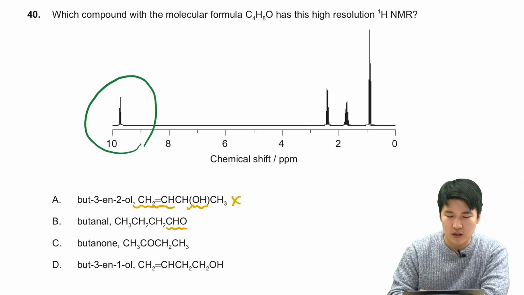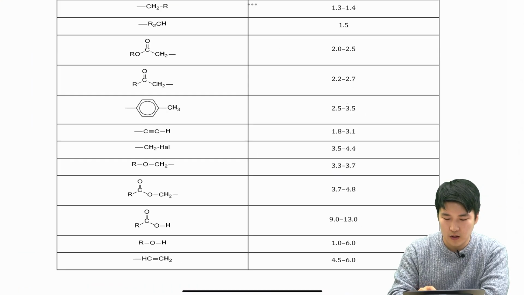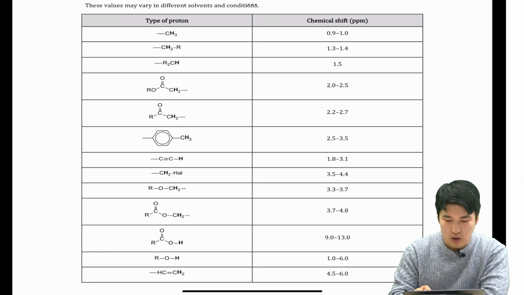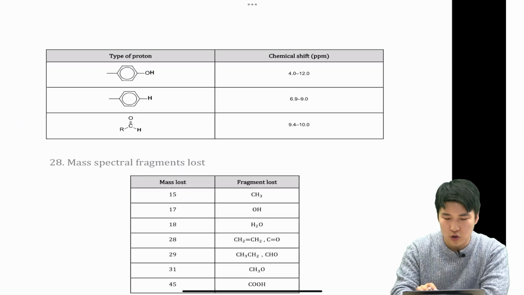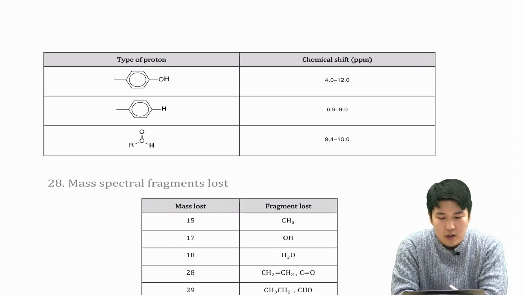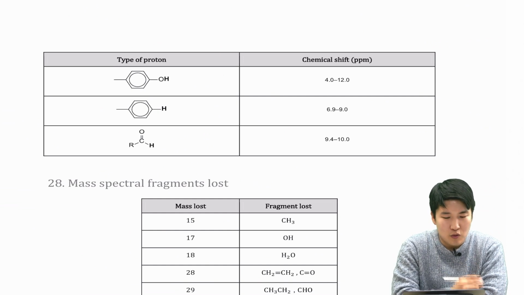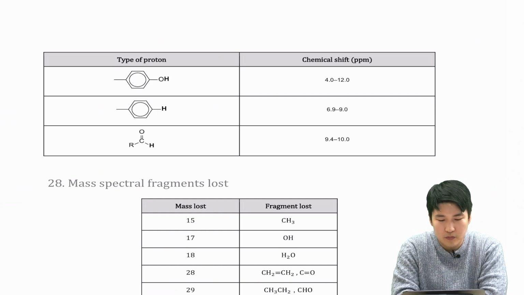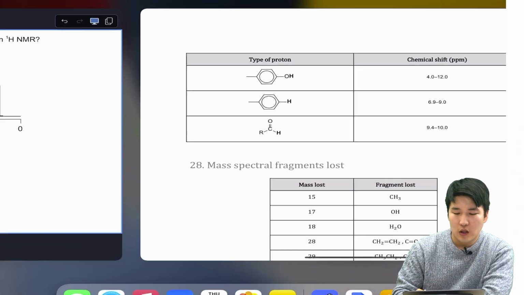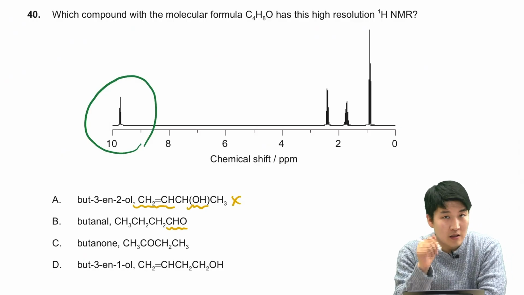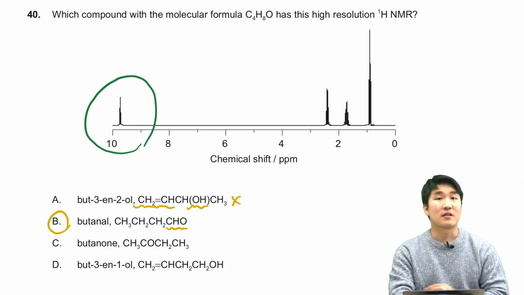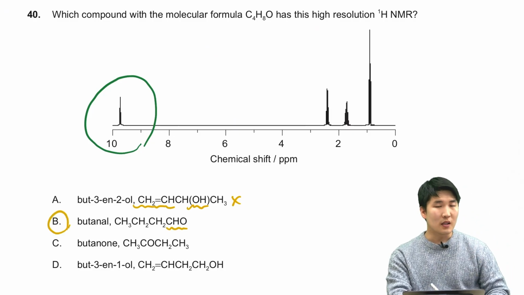So let us see if we can find the aldehyde group, which is not going to be on the first page, but on the second page. Yes, we have found our near 10 ppm functional group that contains the hydrogen, aldehyde group. So the data we have is an aldehyde. Therefore, we have located our answer in option B.